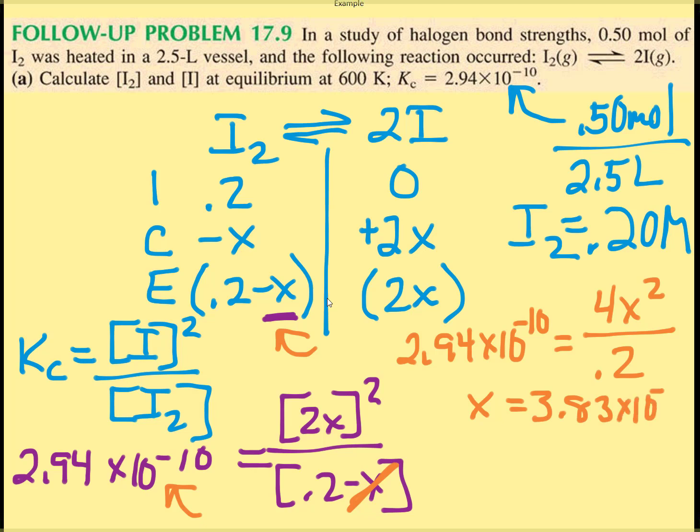So go ahead and stop the tape if you want to go through and do your math. I don't really have a lot of room to show you, but you are going to find out what x is. When you find out what x is, you need to take that and plug it into your equilibrium values. So I know that I2 is going to be this number.